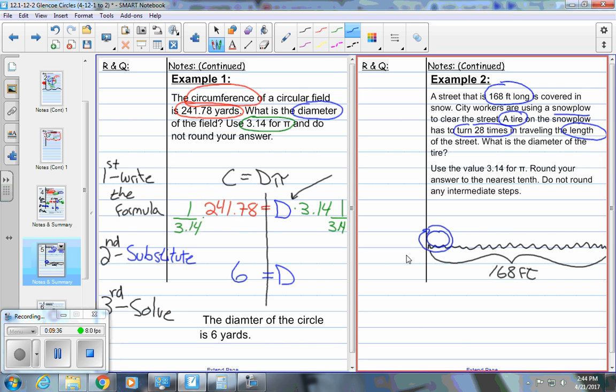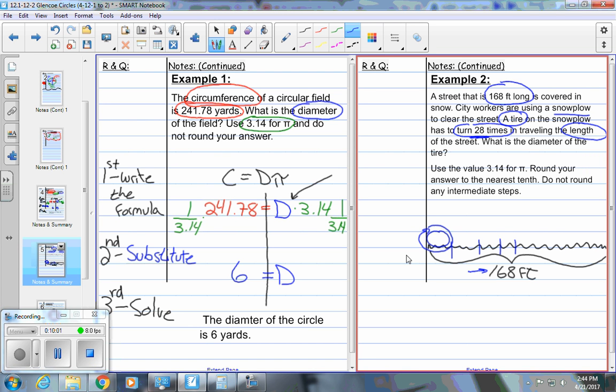That means once it rolls once, and then again, and then again, and it does this segmenting of the tire 28 times. I wonder what operation we need to do with the 168 and the 28 in order to find the tire's circumference.